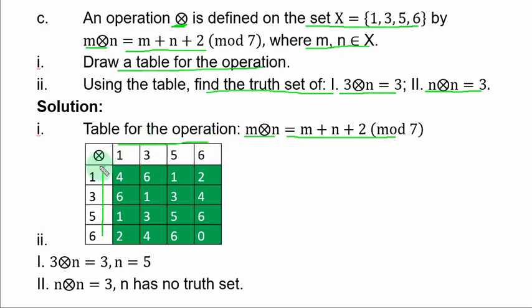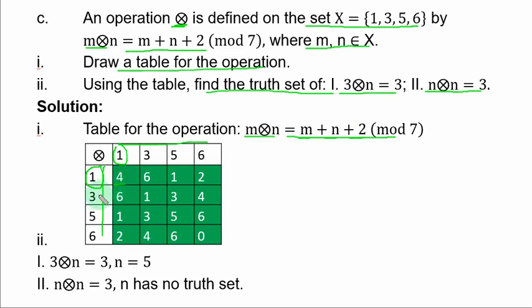So let's take this one against this one. That is when m is 1, n is 1. You put 1 in place of m, and 1 here. This 1 plus 1 is 2. 2 plus 2 is 4. 4 is an element in modulo 7, so you record it.